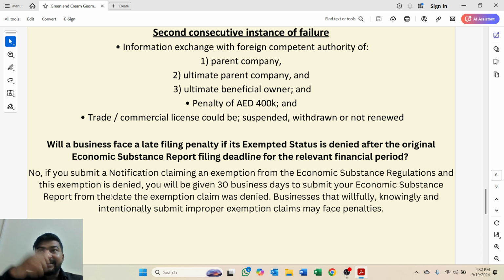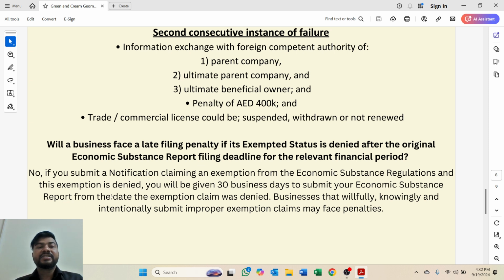Suppose you receive a notification from the FTA or the government that your exempted status application is denied in January itself. So now your deadline has already passed. In that case, do you have to pay a fine or not?